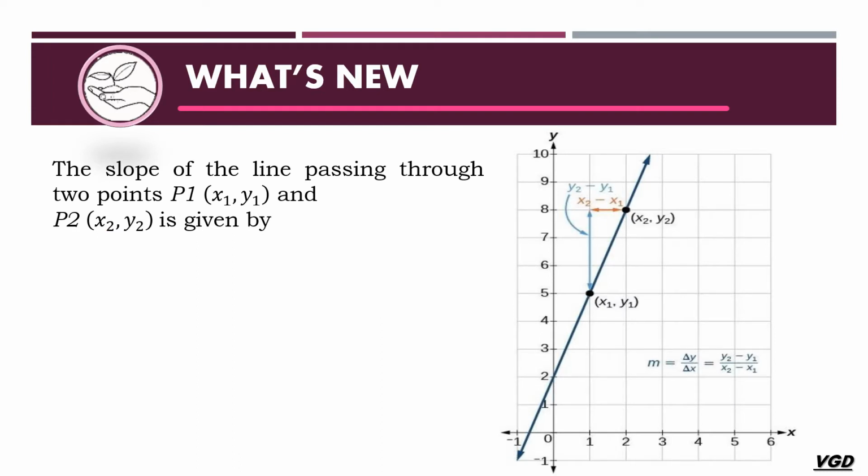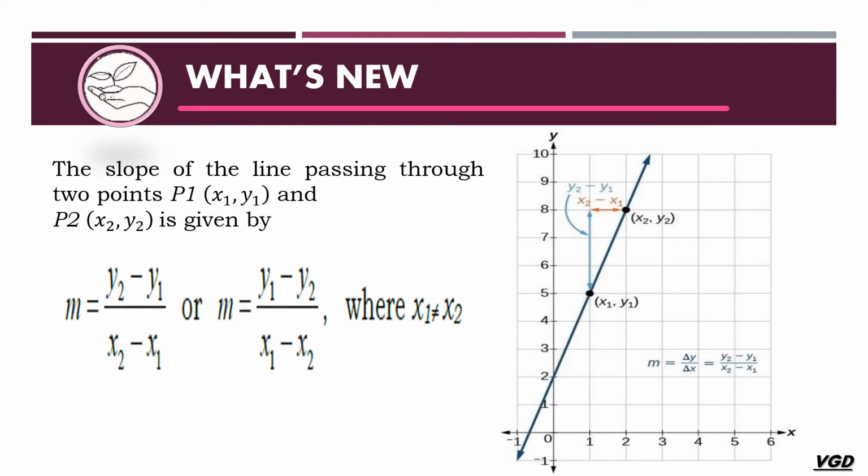The slope of the line passing through 2 points, where point 1 has the coordinates x sub 1 and y sub 1, and point 2 has the coordinates x sub 2 and y sub 2, is given by m is equal to y sub 2 minus y sub 1 over x sub 2 minus x sub 1, or m is equal to y sub 1 minus y sub 2 over x sub 1 minus x sub 2, where x sub 1 should not be equal to x sub 2 because the denominator would be 0 if they were equal.